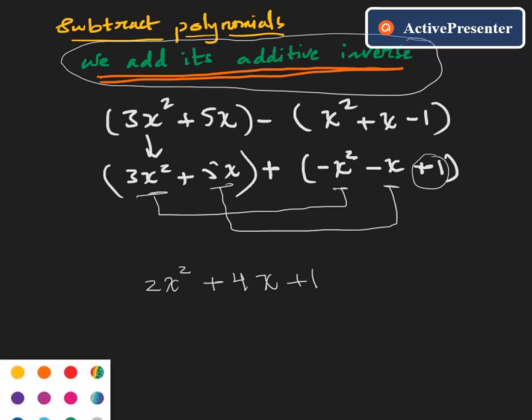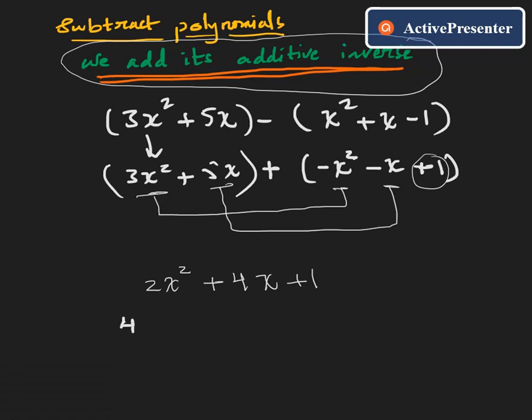Let's say 4x to the power 3 minus 2x squared, and you subtract from it x cubed plus x squared. What I usually do is like this.